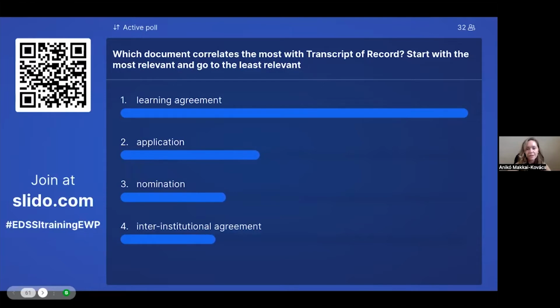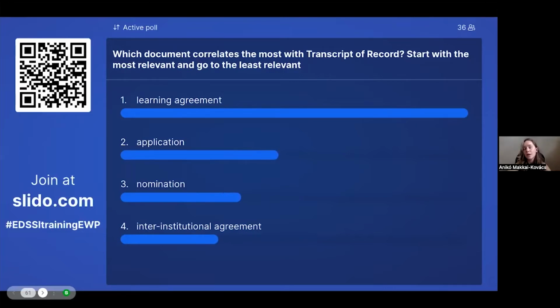Yes. So I think the result is already showing the right prioritization. Of course, if you did not clarify clearly the subjects you took at the host institution in the learning agreement, it will be very difficult to create a proper transcript of records. But actually, criteria can already be set in the application. Nomination plays, in my opinion, the least, but maybe Paul will argue with this.